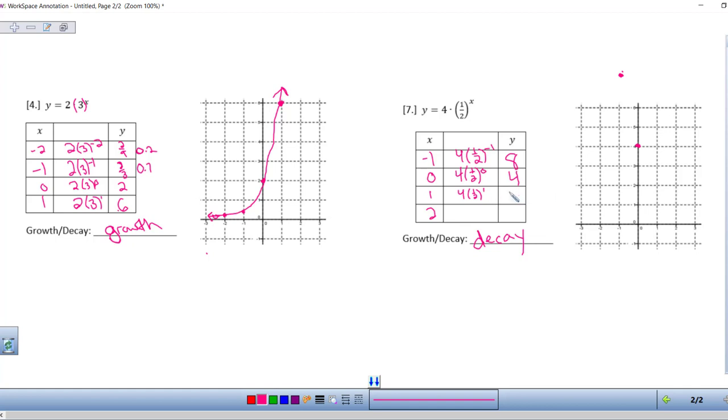One will give us 2. And 2 will give us 1. So this is definitely a decay.